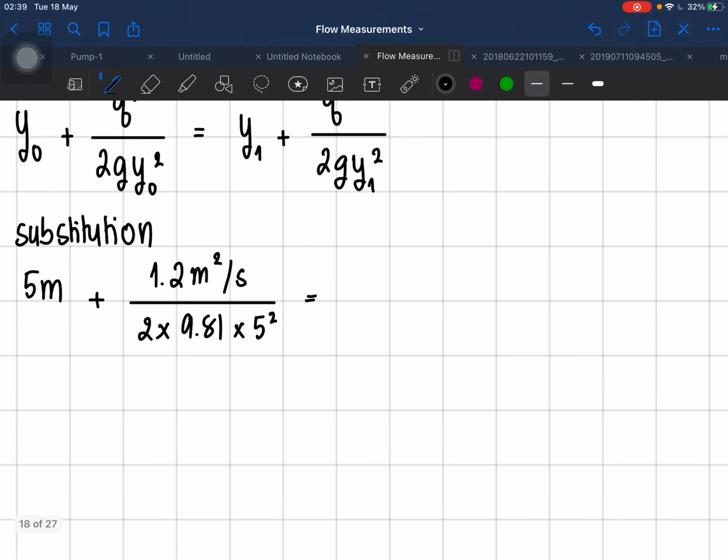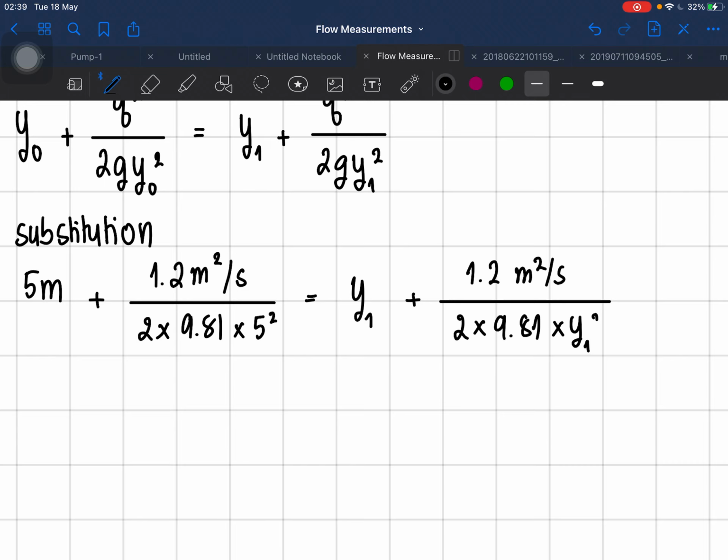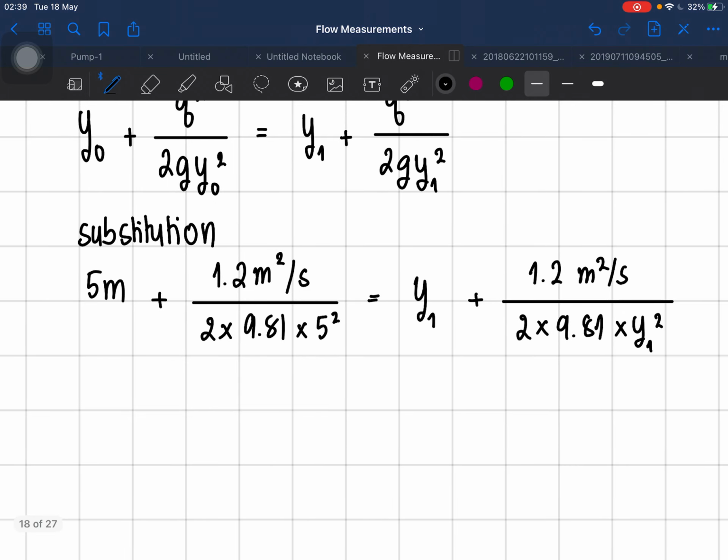So in this case we're trying to find y1, so let's leave y1 here. This one is 1.2 meter square per second, and then we have 2 times 9.81 times y1 square. So now we know everything from the left side, and we can compute this number together: 2 times 9.81 times 5 square.